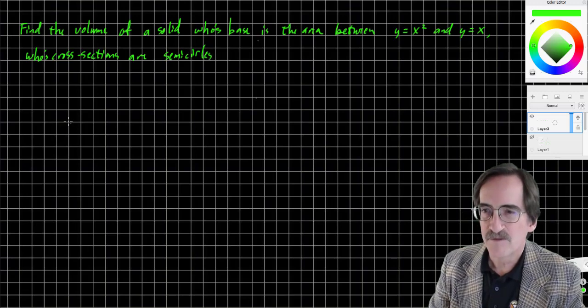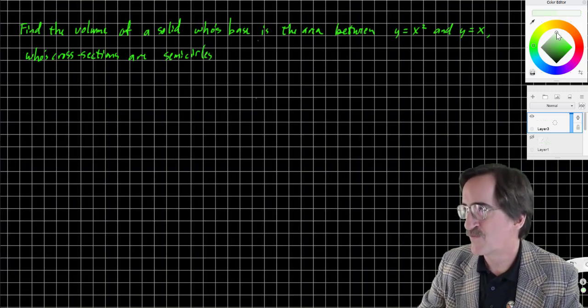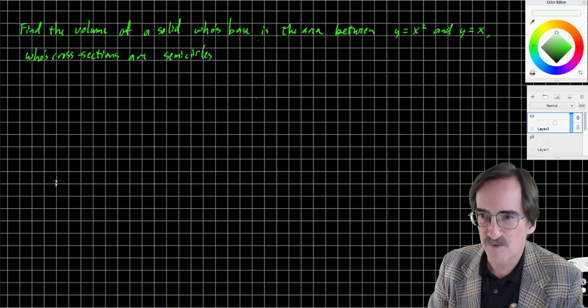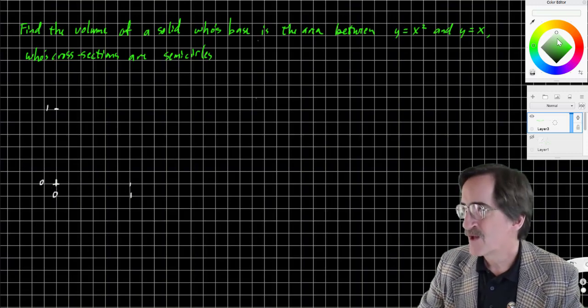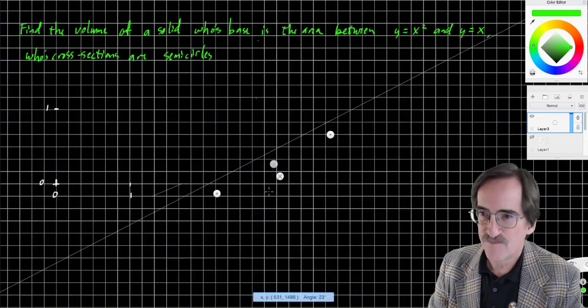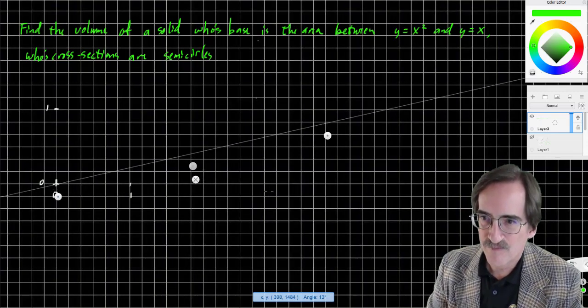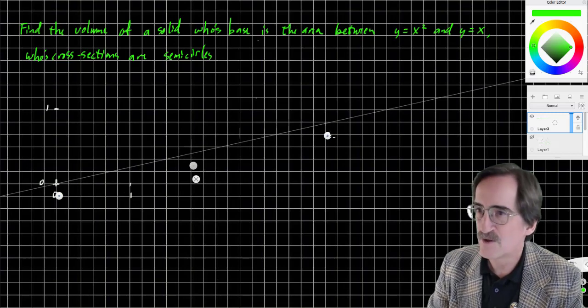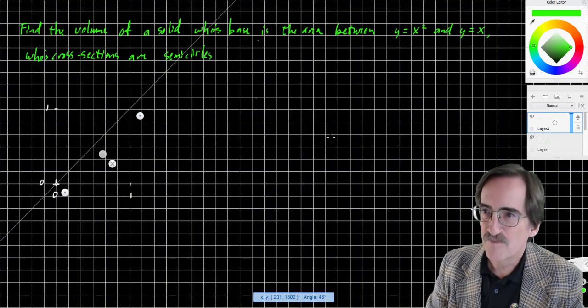Okay, so let me see if I can sketch this for you. Give you a picture of what it's looking like here. Call that 1, and this 0. Y equals x is a diagonal line.